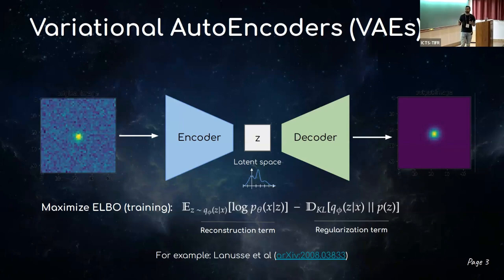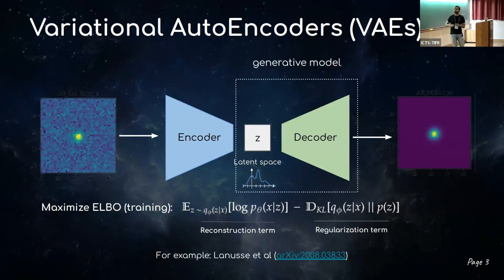So while training the VAE, we have two terms, a reconstruction term and a regularization term. The regularization term essentially tries to make sure that the latent space distribution has some nice properties so that we can sample from it and generate new galaxies with it. So all the galaxies that we have trained our VAE with are projected to a certain region in the latent space.